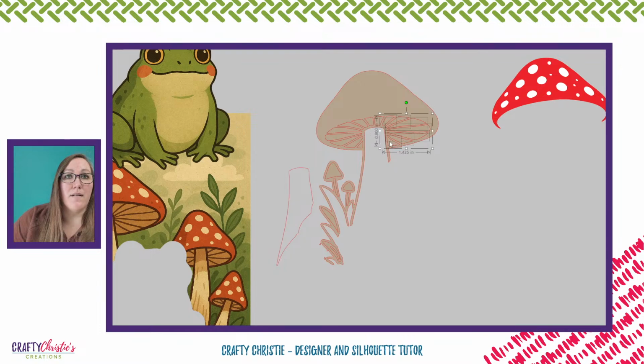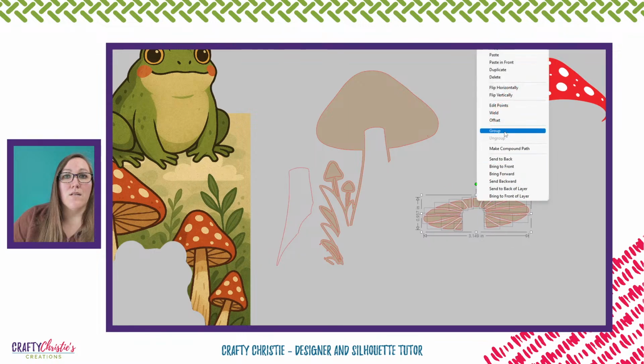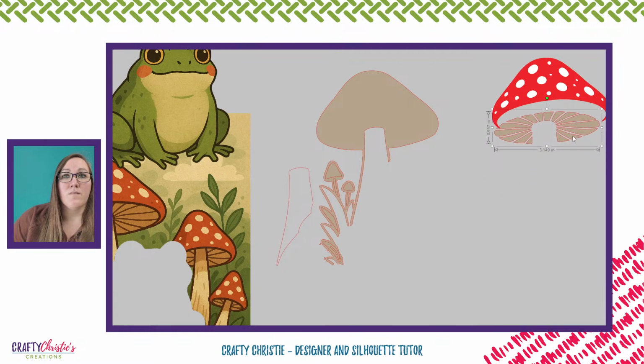You don't have to be right on the line. You can just grab the sections. And we'll just go through and grab all of these. And then I'm just going to make sure, yep, I got them all. And then I'm going to group those together. Now that makes up the underside of our mushroom.